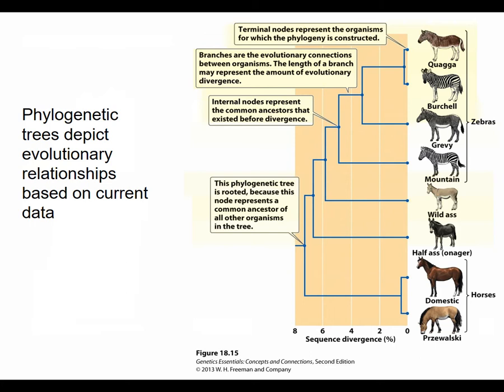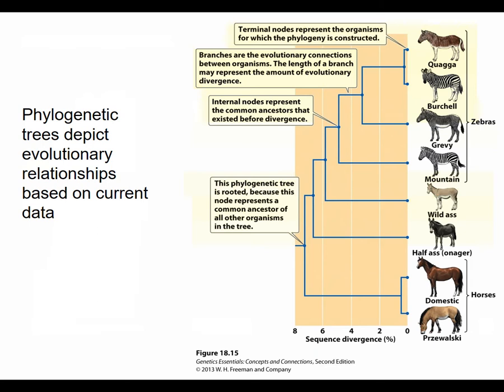So for example, these two types of horses, if you take these lines here, these branches, and you trace them back to where they meet, then that point is called a node, and that node represents the common ancestor of these two horses. And so if you had a time machine and went back in time a certain amount, you'd be able to find the species that is the ancestor of both types of horses.